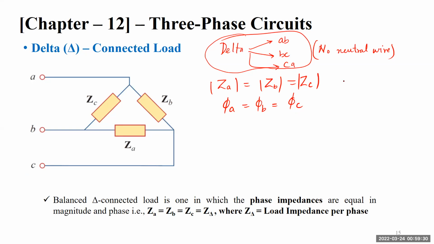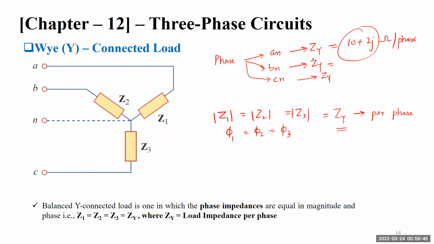If these loads are equal, they can be simplified as Z delta, and that Z delta is again per phase. A phase of delta is a little different than a single phase of Y. In Y we can have line to line, and we can have a single phase between line and neutral, or line to neutral.